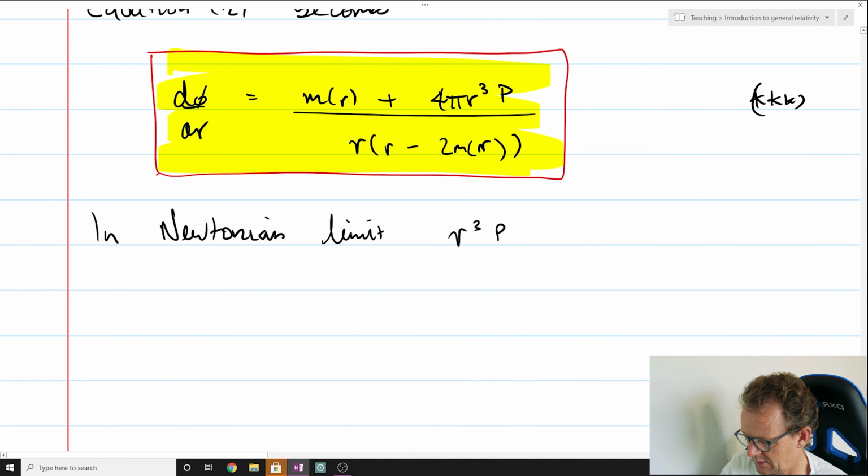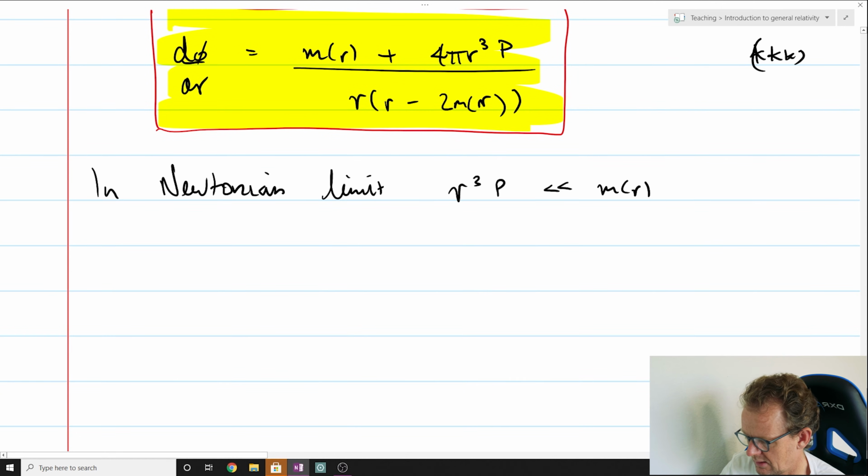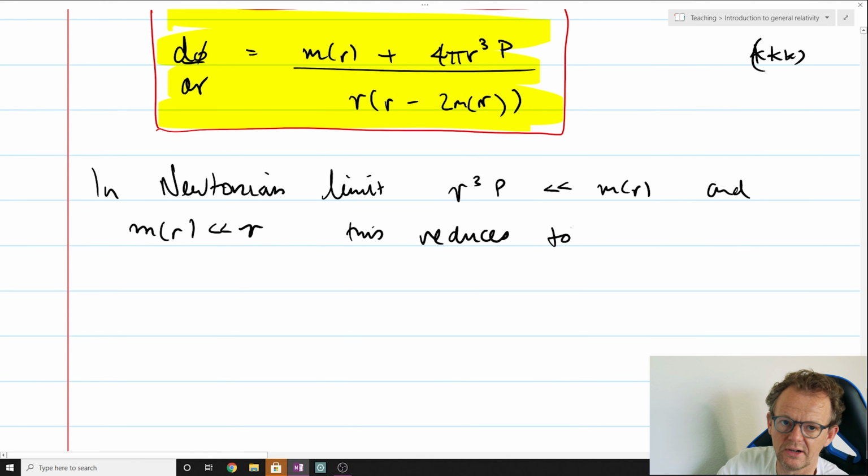So in the Newtonian limit, where the pressure is much lower than the mass energy, and where m(r) is much less than r, so there isn't much mass energy around, this equation for phi reduces. I mean, the reason we introduce phi is that we want to identify it with the gravitational potential.